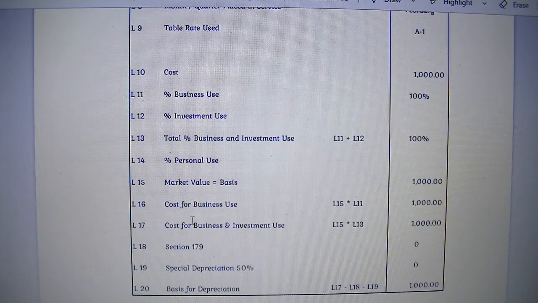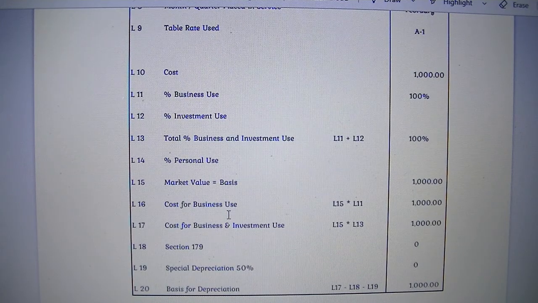The cost associated with the business and investment use, which means the basis you start with, you need to multiply by the percentage of business and investment use to find the portion that is depreciable. You are not going to depreciate the portion you use for personal.